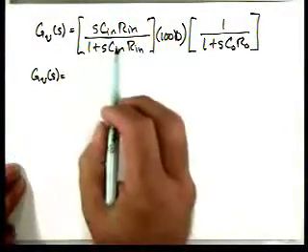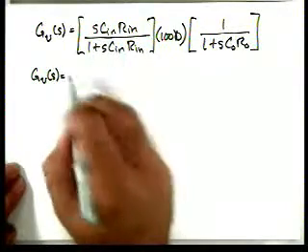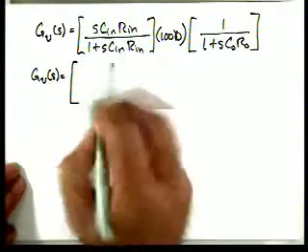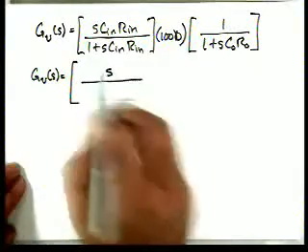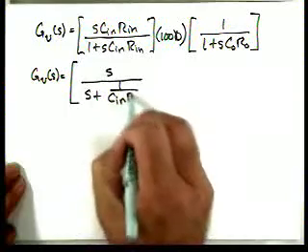Okay, so if we look, for instance, if we factor out a Cn Rn out of this term, we can rewrite it as S over S plus 1 over Cn Rn.